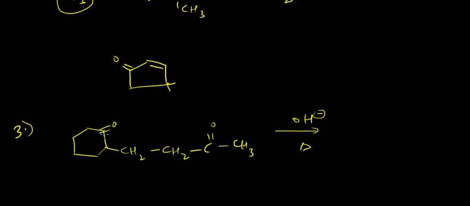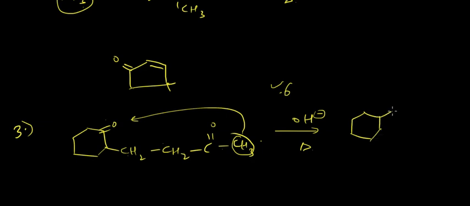If this CH2 minus attacks on this carbon atom, we get a 1, 2, 3, 4, 5, 6-member ring. As a result we get again a six-member ring, with a double bond here and a double bond O at the adjacent carbon.